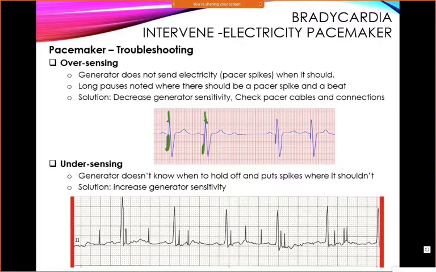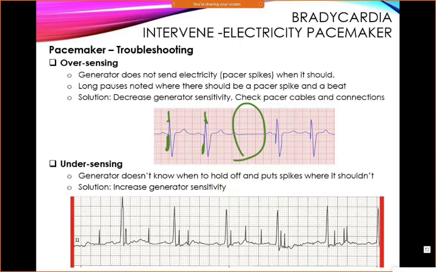And wait, we have a dropped beat. Don't you think that a pacemaker should have gone there? A pacemaker that is set to go at a certain rate should have fired there. There should have been a pacemaker spike with a QRS after it, but it's missing. And it's missing because the pacemaker thought something had happened there and it inhibited itself.